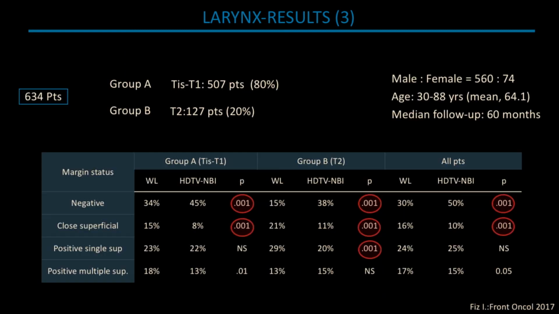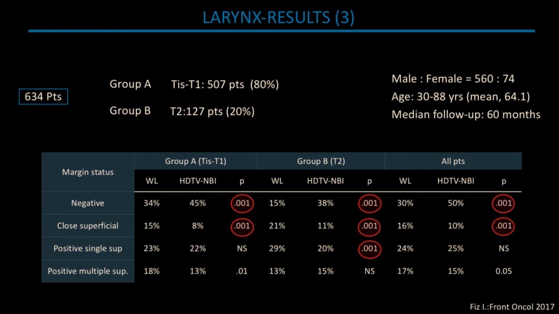This is another paper written recently by our group, where we compare two groups of patients, T1 patients and a small group of T2 patients, and we observe that using NBI, we significantly increase the number of negative margins between the two groups.